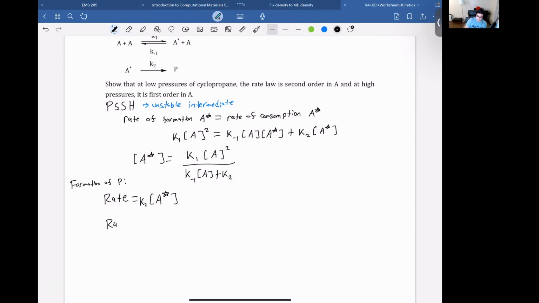And then you can just plug it in, K2, and then this is K1. So I'm just substituting that thing, times the concentration of A squared, over K minus 1 times the concentration of A plus K2. All right. So then that is the rate of formation of P.